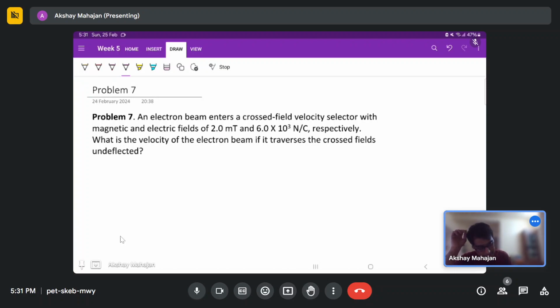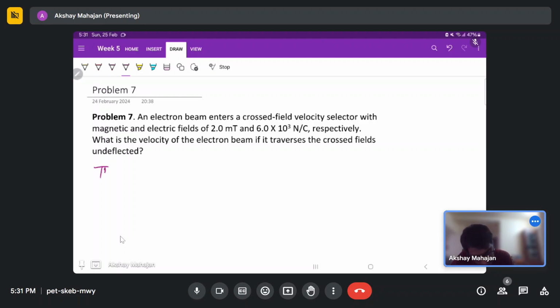The problem is: an electron beam enters a crossed field velocity selector with magnetic and electric fields of 2 millitesla and the electric field given in Newton per Coulomb, respectively.